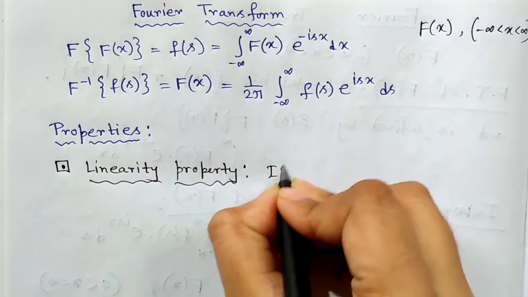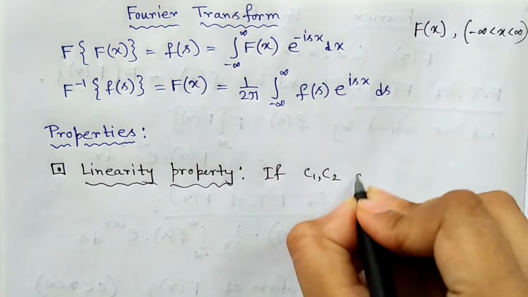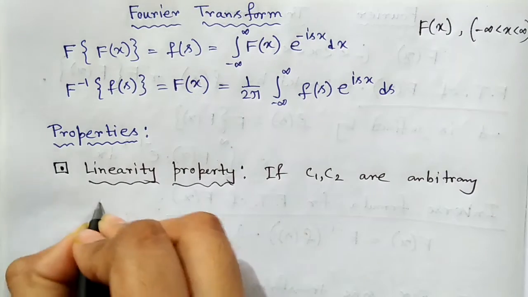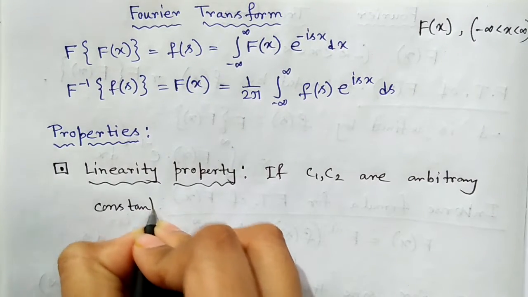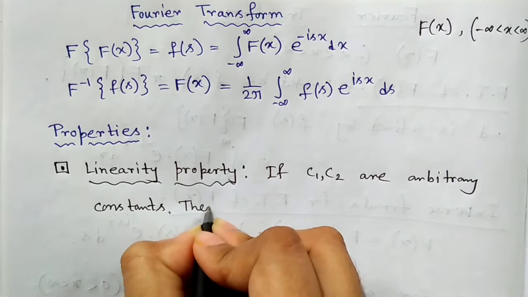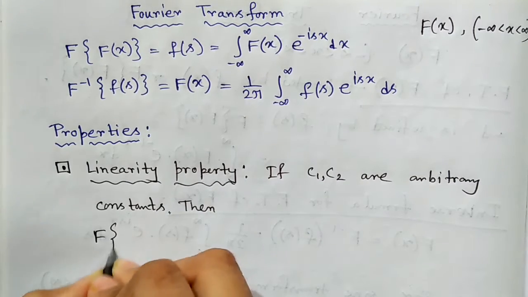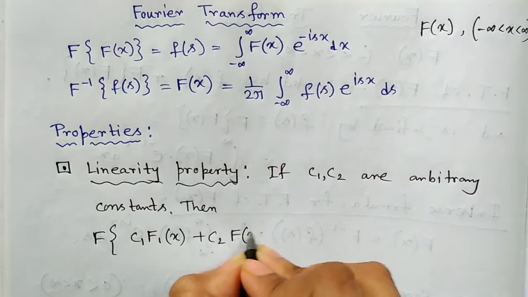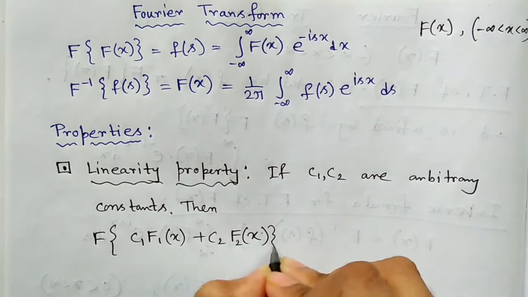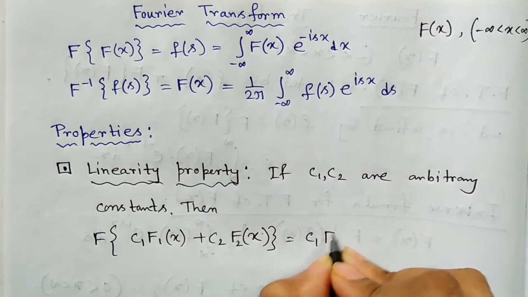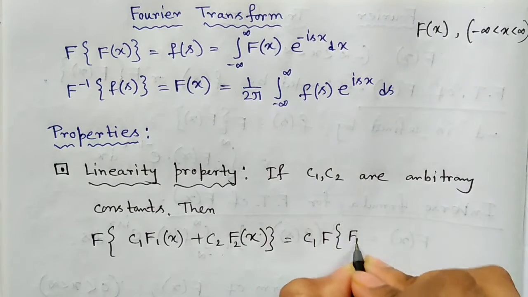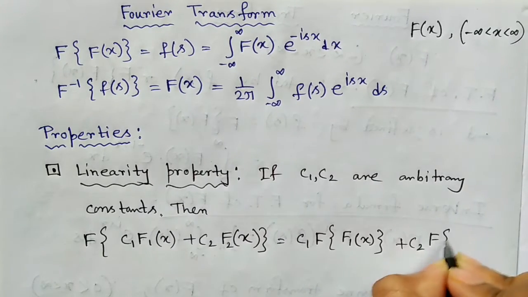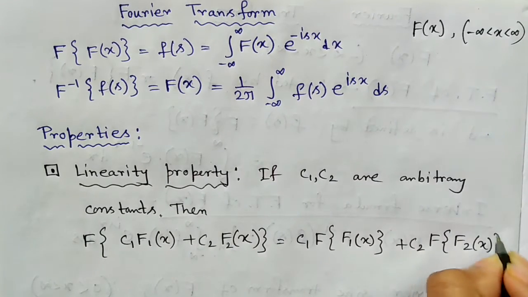It states that if C1, C2 are arbitrary constants, then the Fourier transform of C1 f1(x) plus C2 f2(x) is equal to C1 times the Fourier transform of f1(x) plus C2 times the Fourier transform of f2(x).